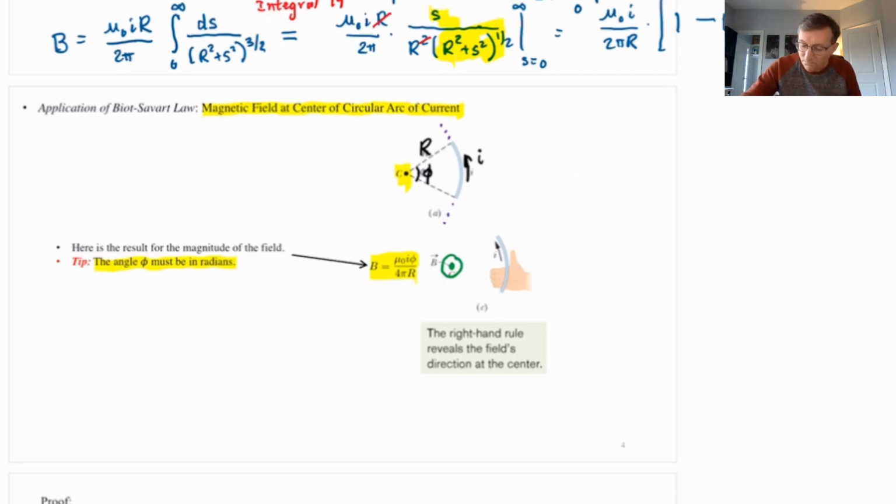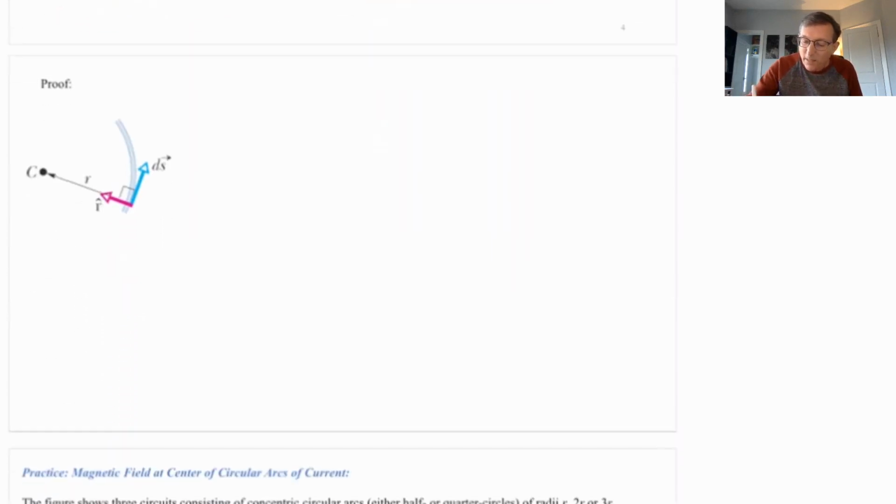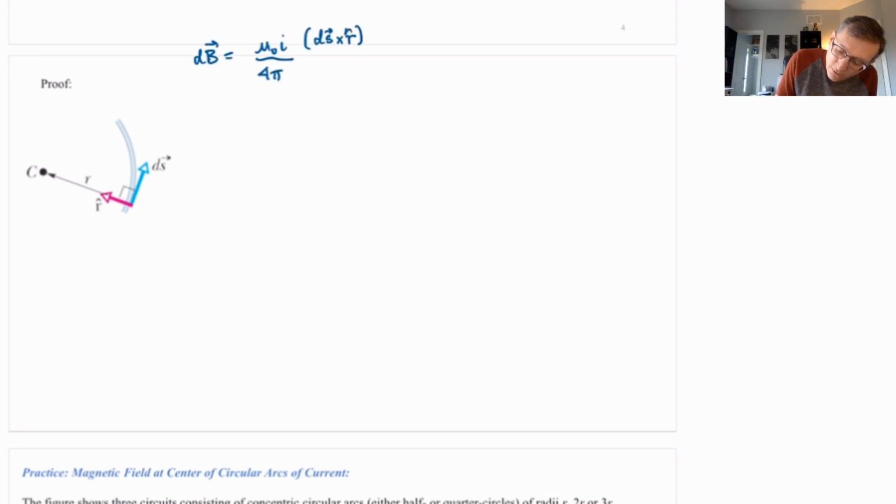All right, so how do we get that result from the magnetic field law? We start with the expression of the magnetic field law: dB arrow equals mu0 over 4 pi times ds arrow cross r hat over r squared.